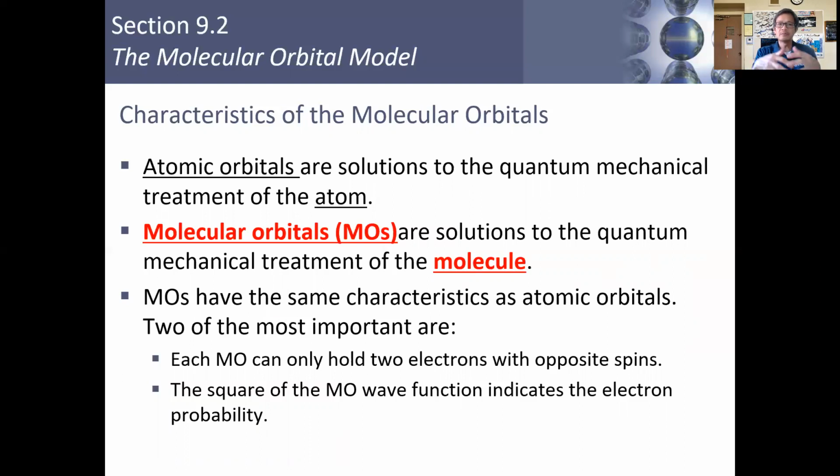Okay, and so that's where it benefits us to understand molecular orbital theory. The localized electron model does a very good job of explaining structure and geometry, but it leaves out the discussion of energy. Molecular orbital theory allows us to discuss energies, but it doesn't do a very good job of explaining the geometry of a molecule. Okay, so you've got to make sure you keep those in mind.